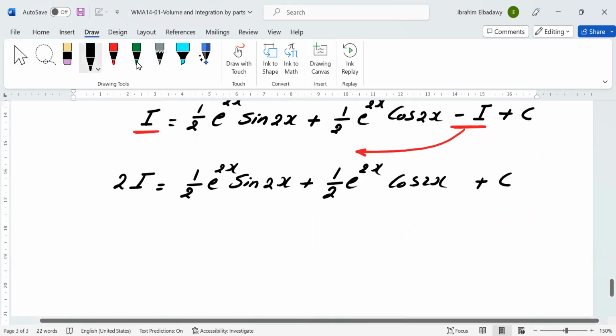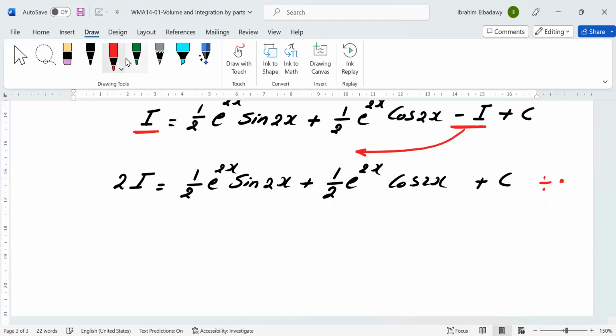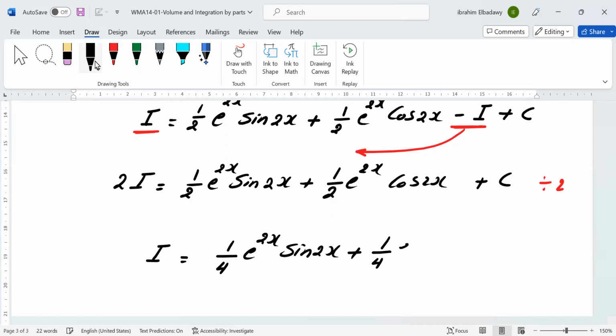You can divide it by 2 to have just I. So I in this case equals a quarter e^2x sine 2x plus another quarter, because you divided by 2, e^2x cosine 2x plus c. So what about if I divide that constant by 2? It's constant. It doesn't matter about the value. Constant, just constant. You can leave it c.